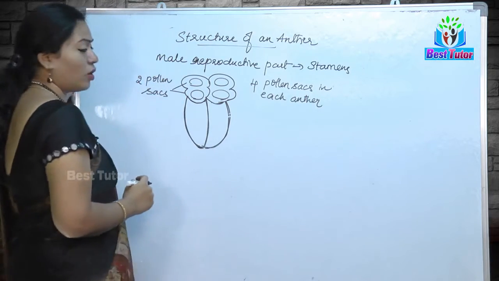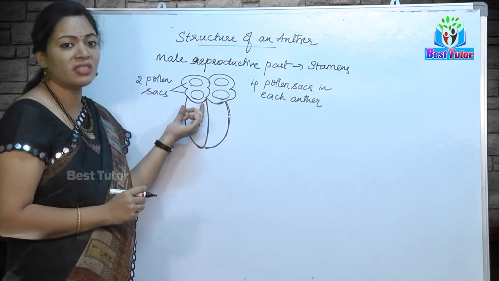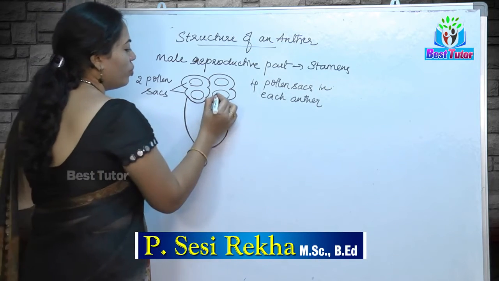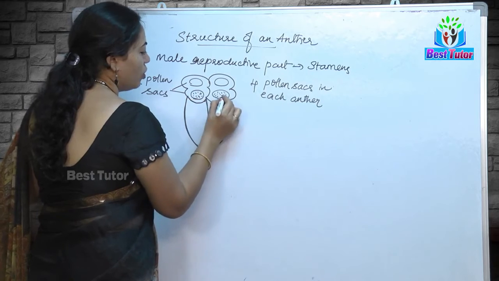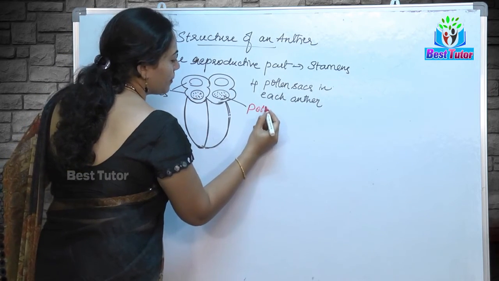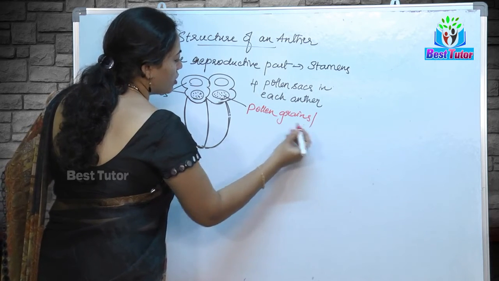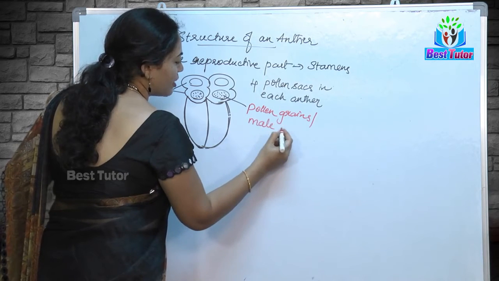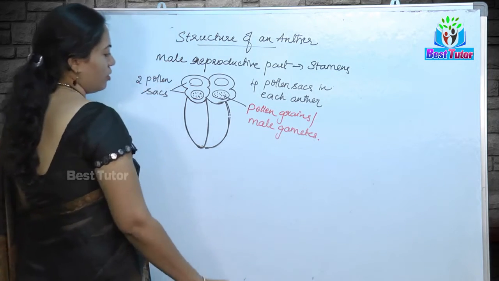Right children? Now these pollen sacs are the ones which are going to produce the male gametes of a flower, known as pollen grains. So pollen grains are also known as the male gametes of a flower.